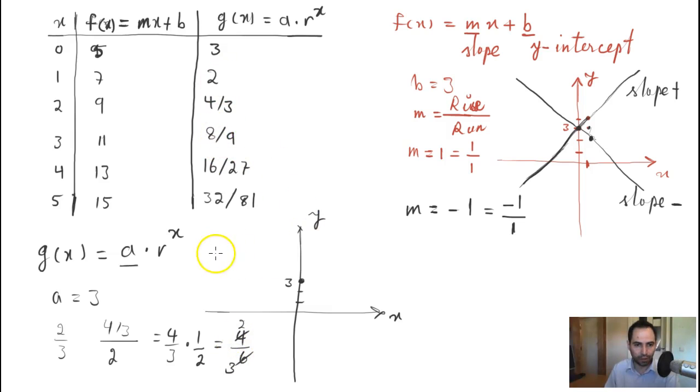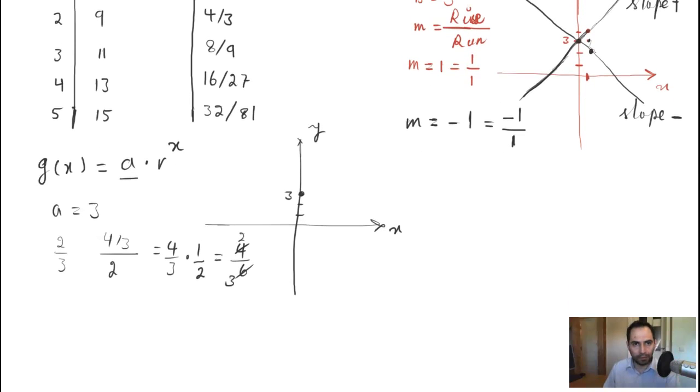And again, if you did the same thing here, so for example, 8/9, if you divided this by 4/3, you would get 8/9 multiplied by 3/4, and that would simplify: this 2, this 3, and this 1.